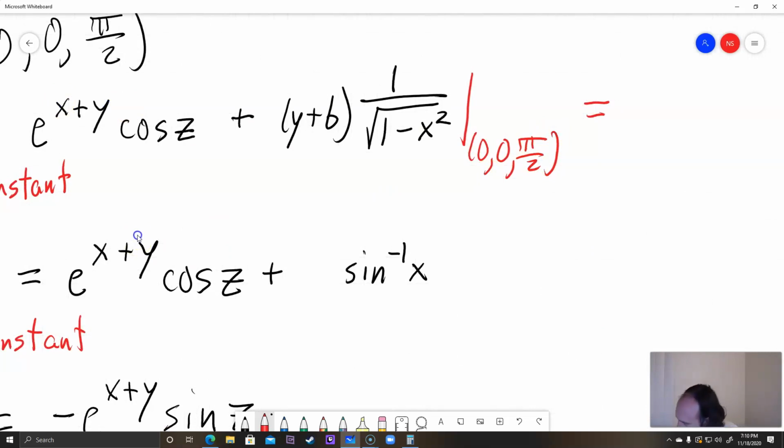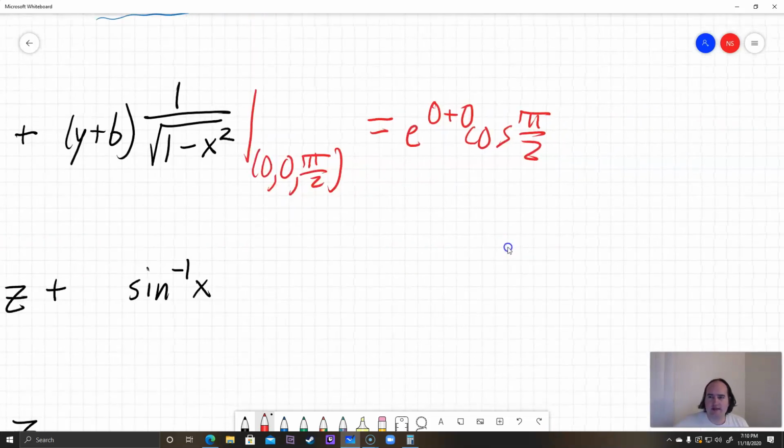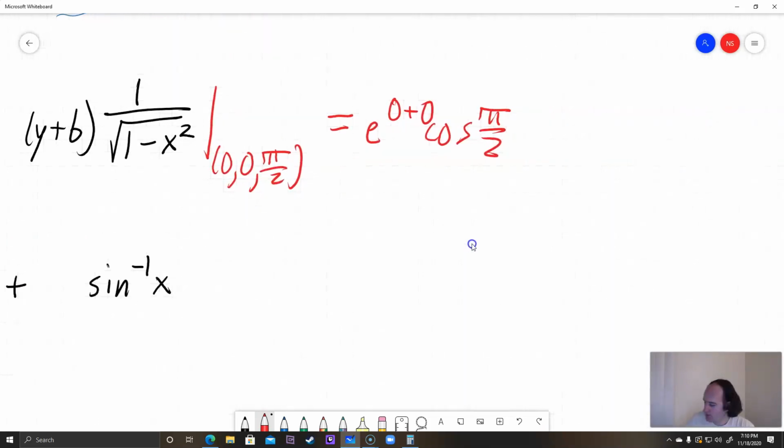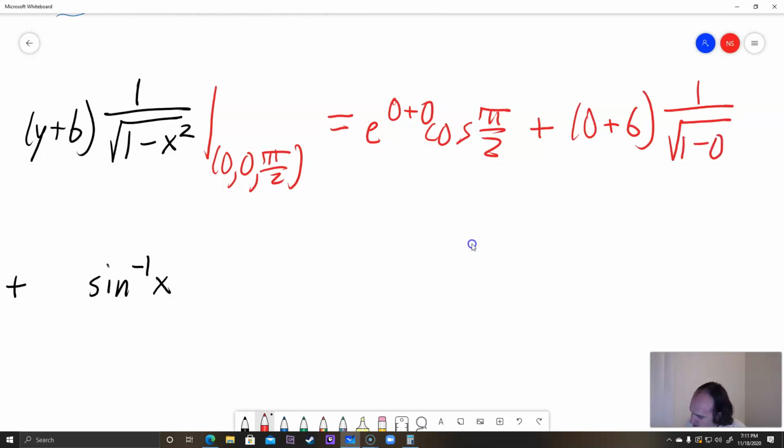So we're going to get e to the 0 plus 0 times cosine of pi over 2 plus 0 plus 6, right? So plus 0 plus 6 times 1 over the square root of 1 minus 0 squared. As you can see there, we're just plugging in 0, 0, and pi over 2 for x, y, and z, which is pretty easy.